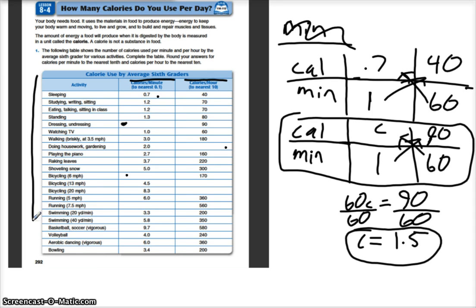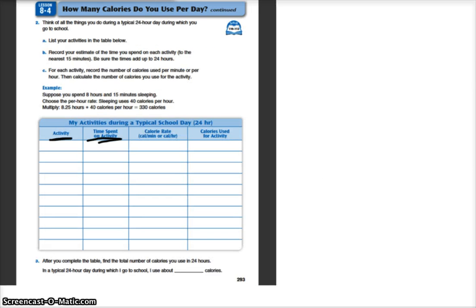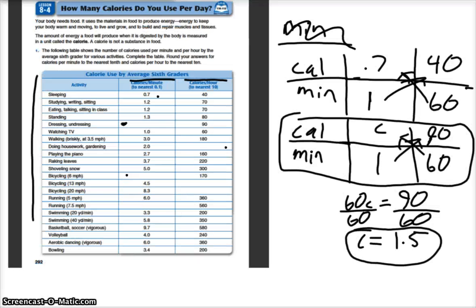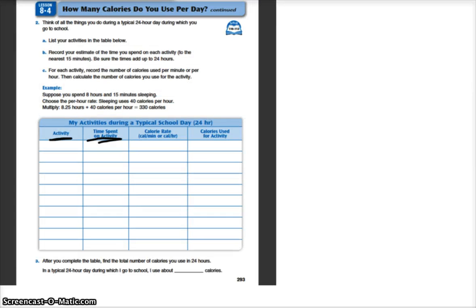And you're going to calculate how many calories you burn. So the calorie rate, remember, is the calorie per minute or calorie per hour. So you could put in these numbers or these numbers, whichever you choose. So obviously for sleeping, you're not going to do it per minute. You're probably going to be doing it per hour. So choose your rates, plug in, and then actually find out how many calories you burned.